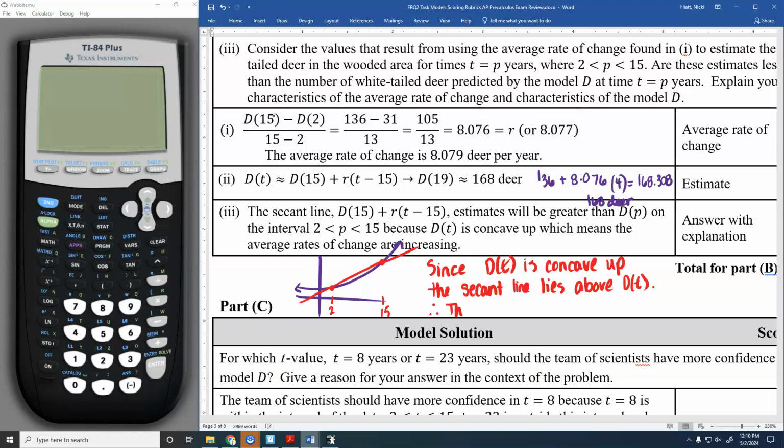Therefore, the estimates using the average rate of change for 2 less than t less than 15 will be higher than d of t on that same interval.